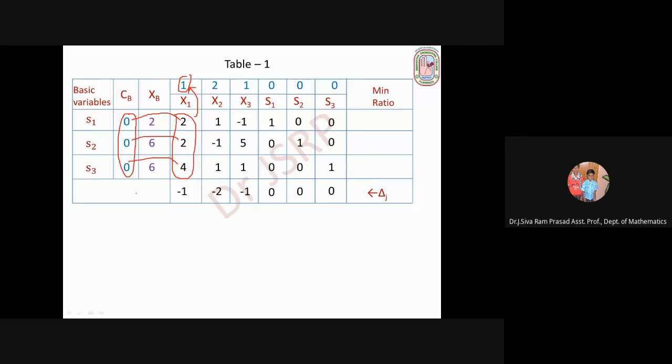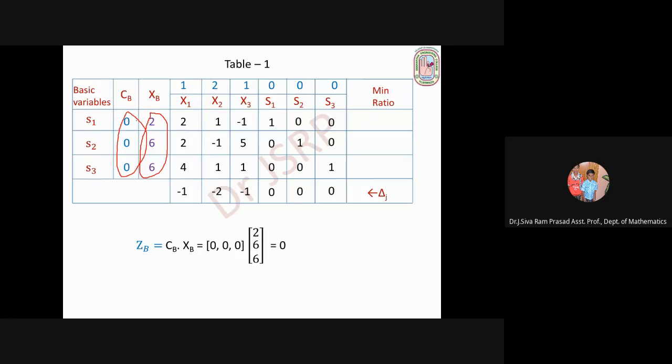Here we write objective function value ZB. That is the value of objective function corresponding to this basic solution. So what is that? CB into XB. That is this column into this column.